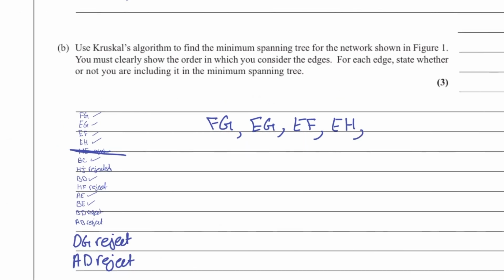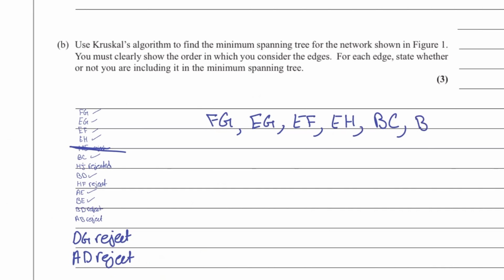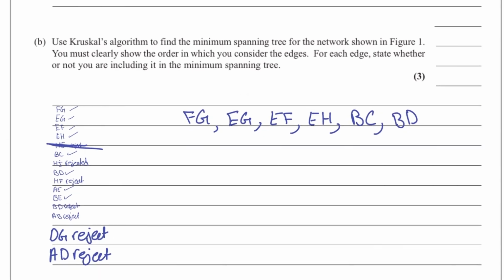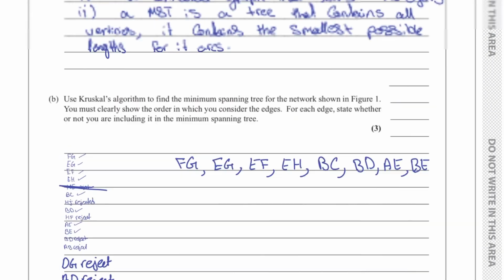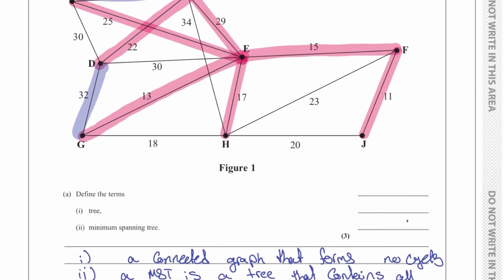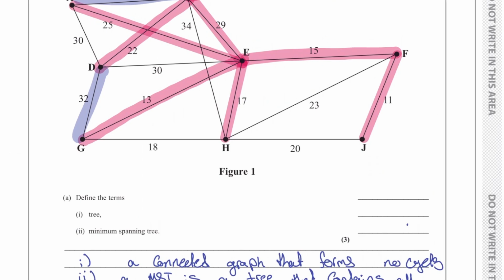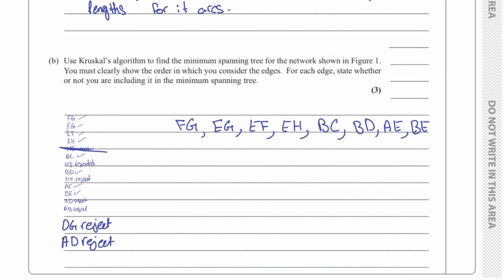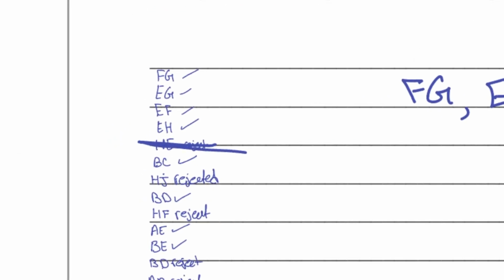EH, BC, AJ is rejected, BD, and then we got AE, BE, and that's it. So wait, which one was it that I rejected over here? I think it was HF that I did not write.